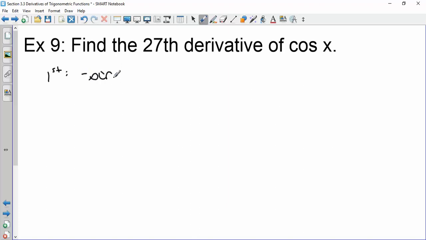Negative sine of x. Second derivative, the negative cosine x. What's the third derivative? What's the fourth derivative?